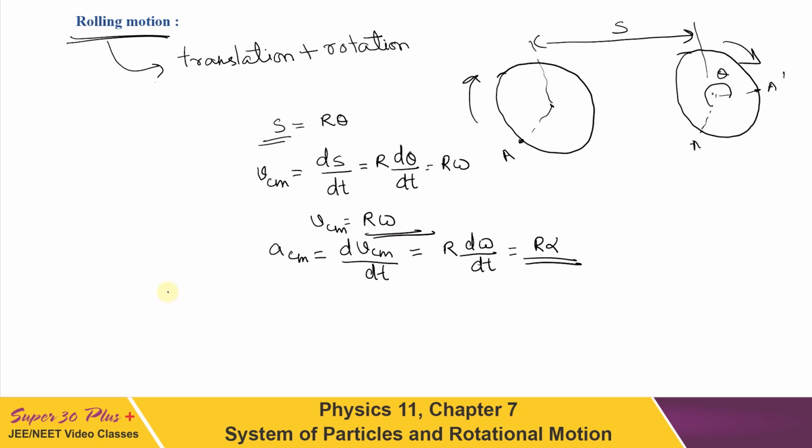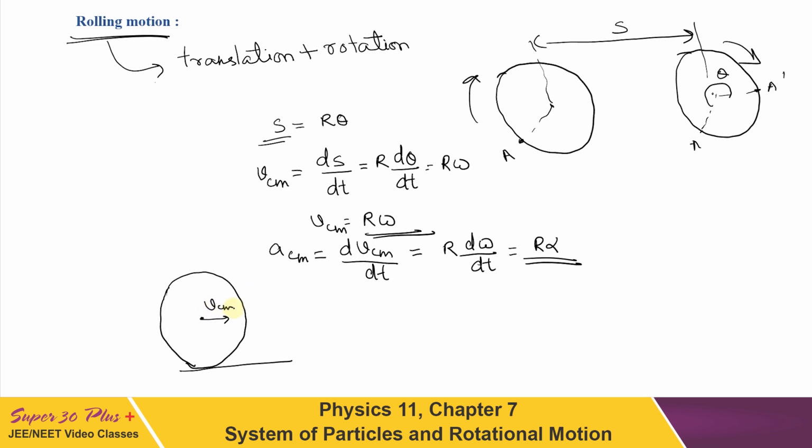Now what about the speed of other points if it is in rolling? Let us consider this body which is rolling on a given surface. For the center of mass, if it is translating towards the right, it can be written as VCM.